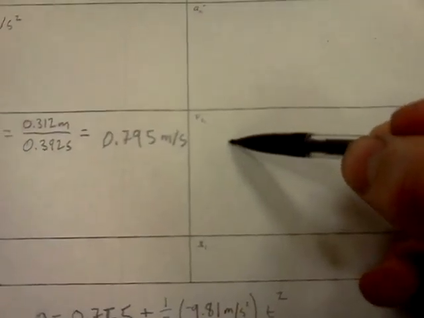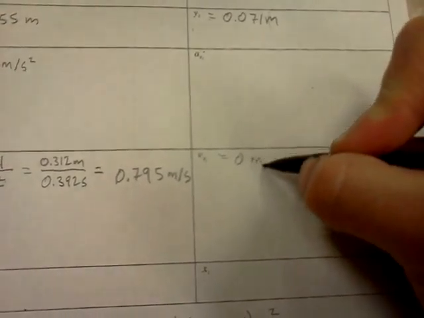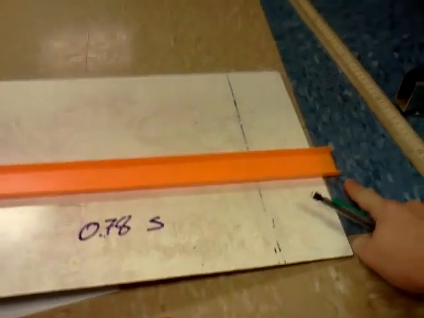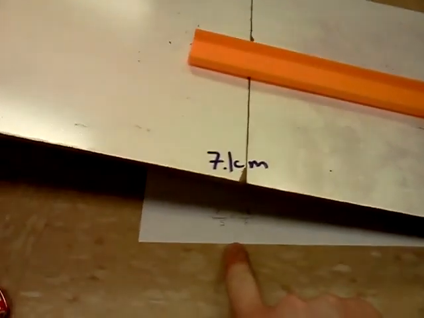The other thing we know is our initial x velocity is also 0 because it's starting from rest. And we can measure our initial x position by measuring the distance from where the edge of the table is back horizontally to where I released my car.